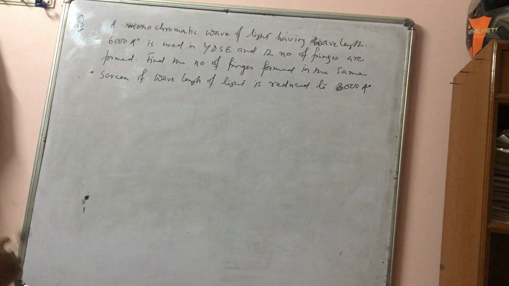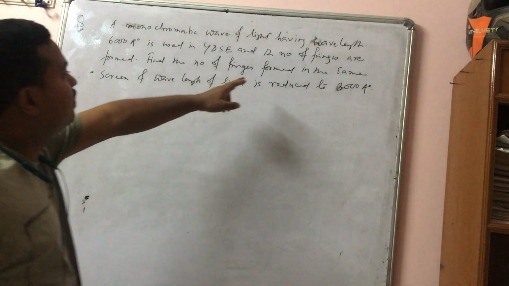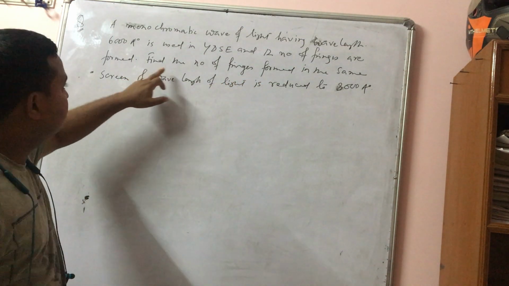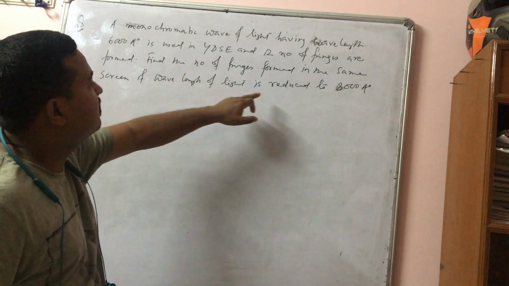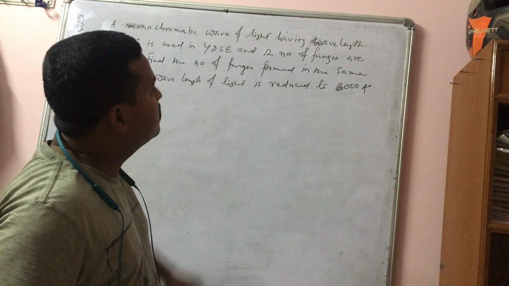So here you see a monochromatic wave of light having wavelength 6000 Armstrong is used in Young's double slit experiment and 12 fringes are formed. Find the number of fringes formed on the same screen if the wavelength of light is reduced to 3000 Armstrong.